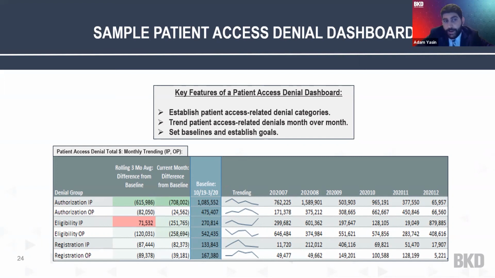And that's also on a rolling 3-month average in the first column, which helps smooth out any spikes or outliers. I really am a big fan of the rolling 3-month average and then taking the difference of that from baseline to get an idea of the direction we're trending in with our patient access denials. Next slide.